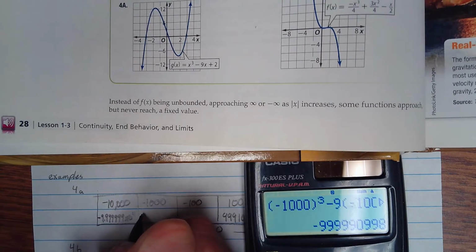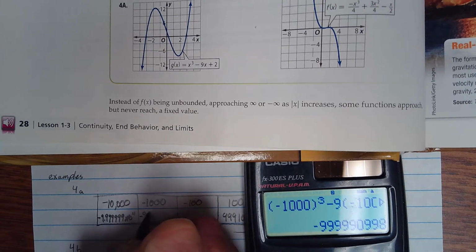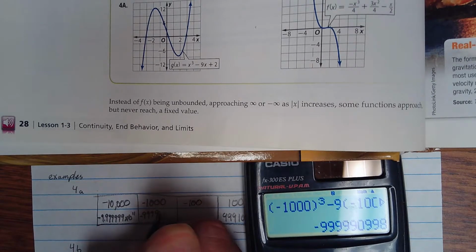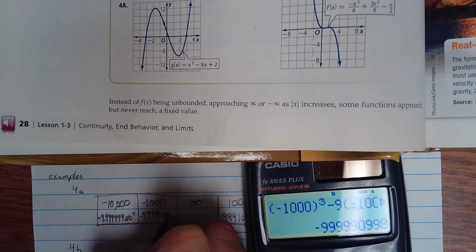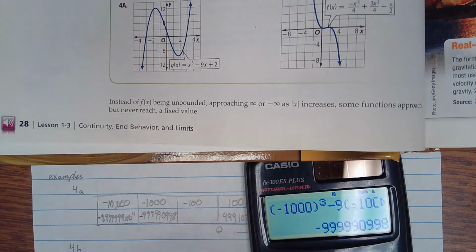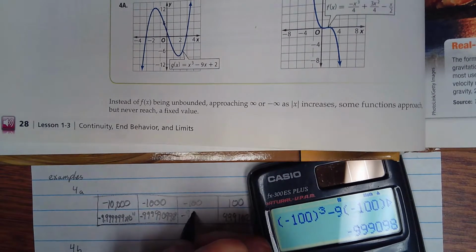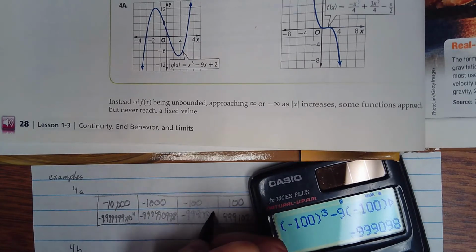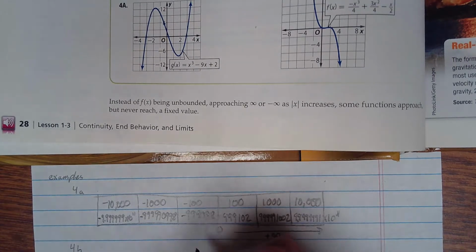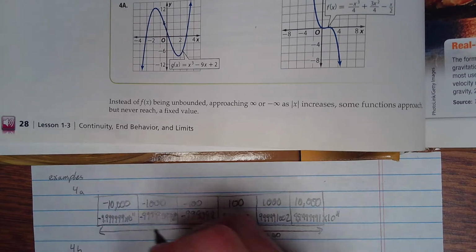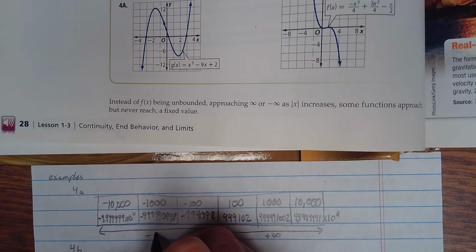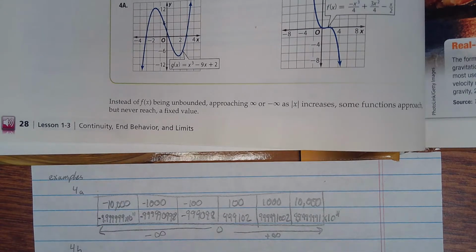Not quite the same thing. So negative 999098. All right. So as you can see, as I go toward negative infinity, I'm going to end up reaching negative infinity with my function values.